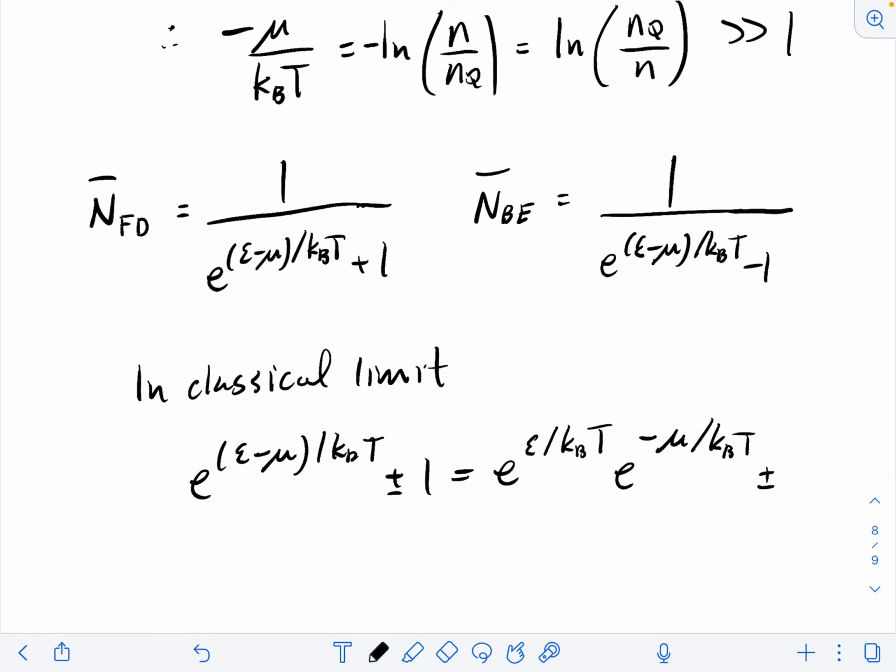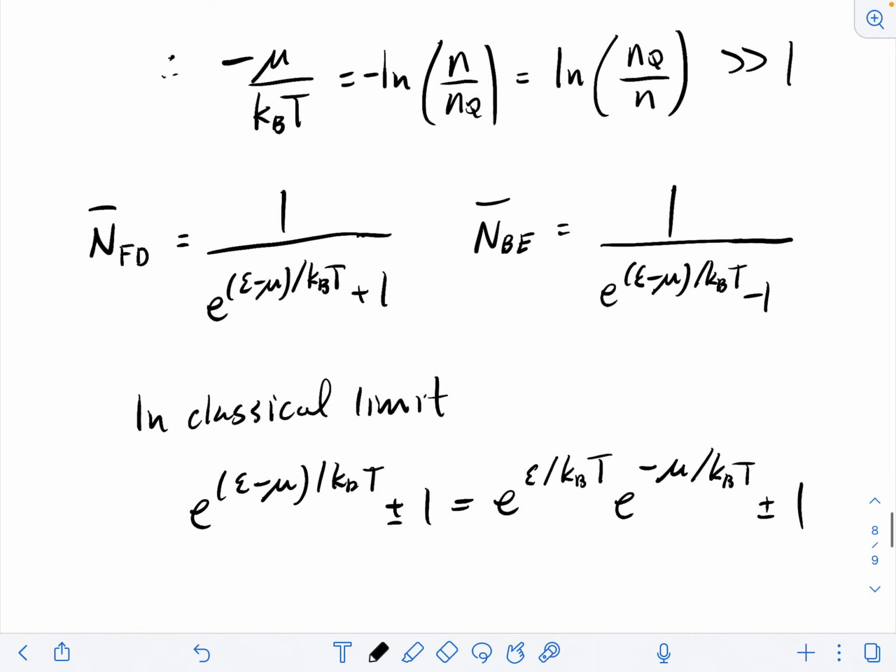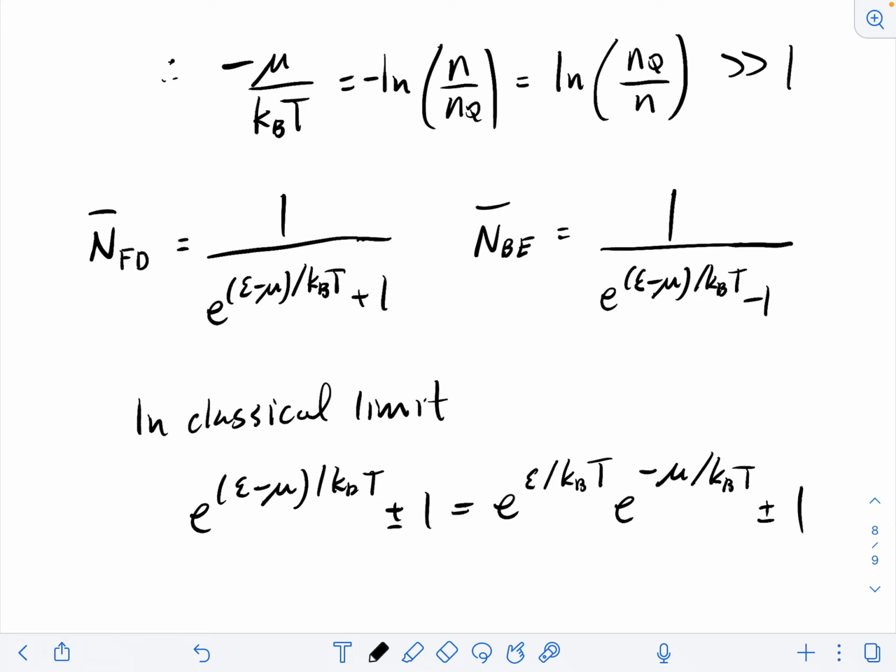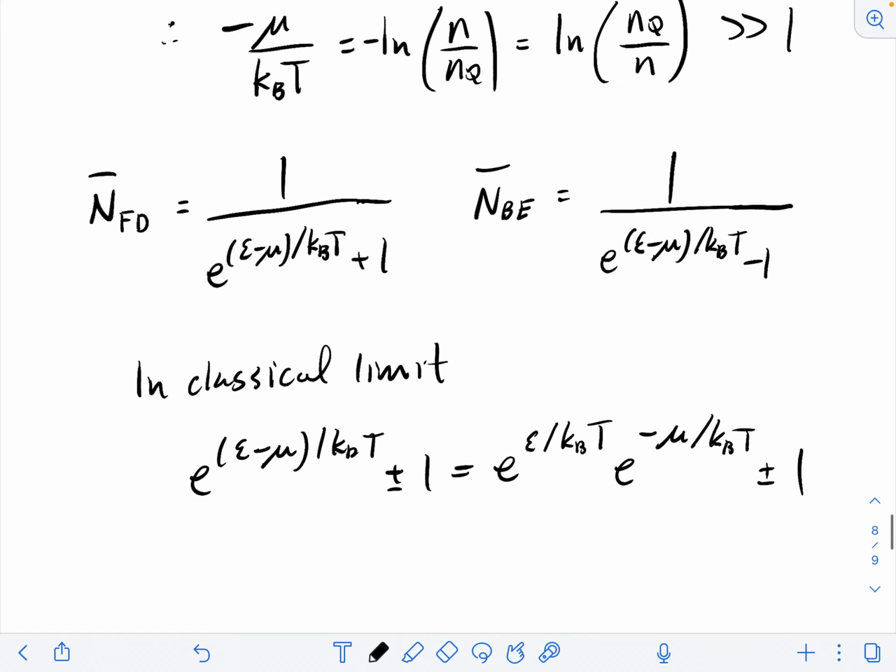The plus is for the Fermi-Dirac distribution, and the minus is for the Bose-Einstein distribution. We just said that minus mu over kBT is ln of nq over n. So if we take the exponential of that, this is just nq over n, which is a large number.